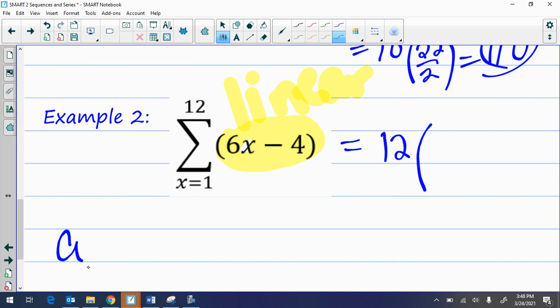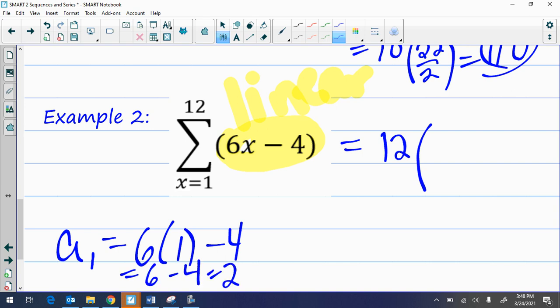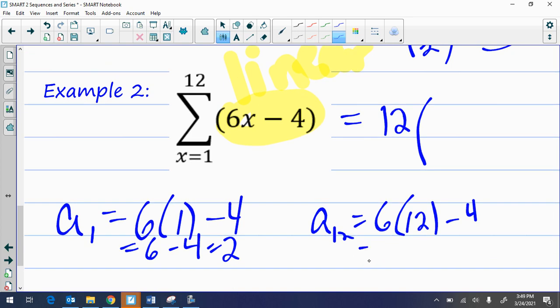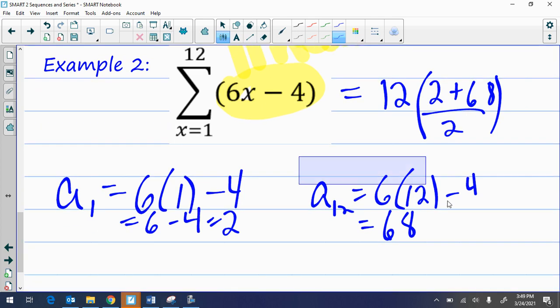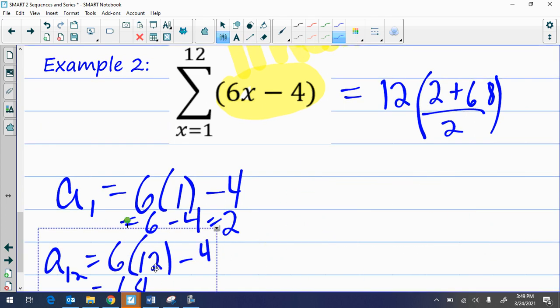My a sub 1, I'm going to plug in 1 to my explicit formula. So I get 6 minus 4, which is 2. And my a sub 12, which is my last term, I'm going to plug in 12. So I get 72 minus 4, which is going to be 68. So 2 plus 68 over 2. I got a little messy here, didn't I? Let me clean it up a little bit. Let's move this over here.